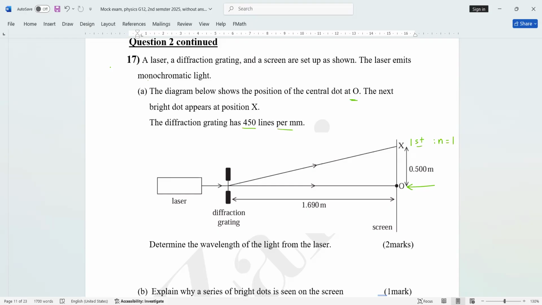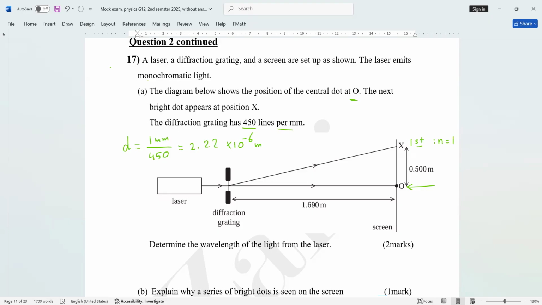First, we calculate d. So d, we divide 1 millimeter over 450 lines. The answer is 2.22 multiplied by 10 to the power negative 6 meter, because we convert millimeter to meter, multiplying by 10 to the power negative 3.